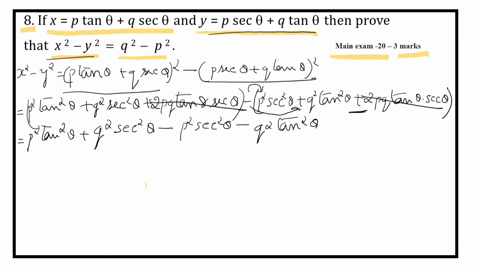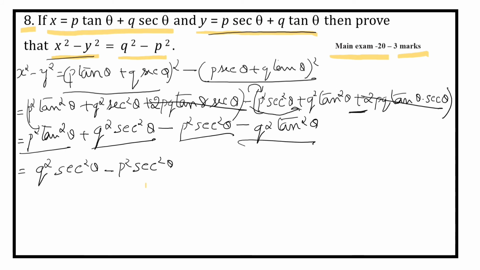Now group the terms with secant square theta, that is equal to q square secant square theta minus p square secant square theta. Now group terms with the tan square theta.